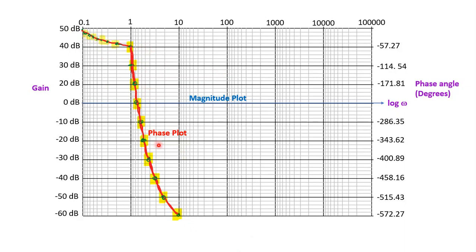Therefore the phase angle will be continuously decreasing with respect to omega. It may affect the stability because there is a delay. At higher frequency, the phase angle is more negative.